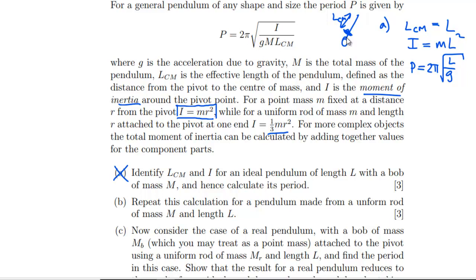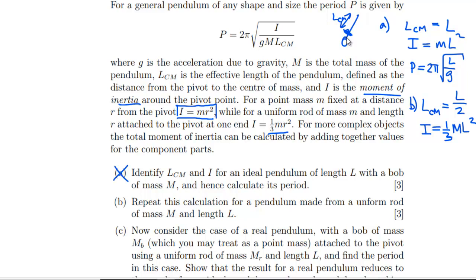Repeat this calculation for a pendulum made from a uniform rod, mass m and length L. So in this case, we have no bob at the end. Let's stay on this margin, because I think we've got enough space to do this. We know now that L_CM is going to be the midpoint of the rod, L over 2, and I, we've been given it here, is a third mr squared, so that's going to be a third mL squared.